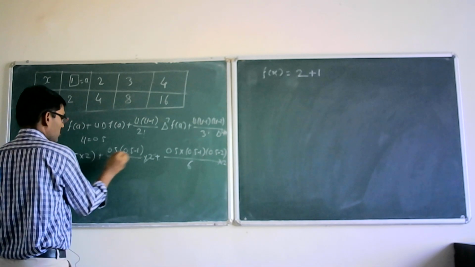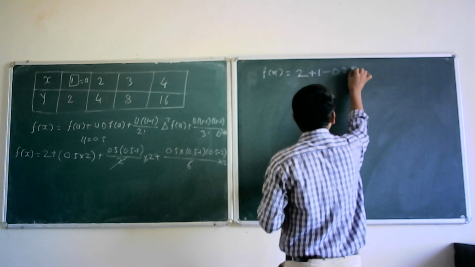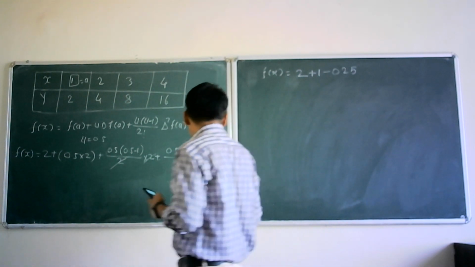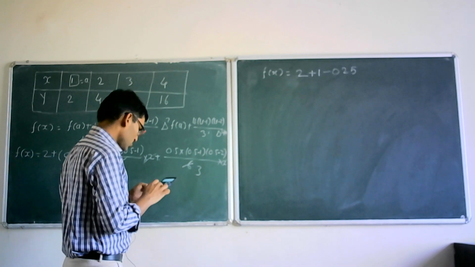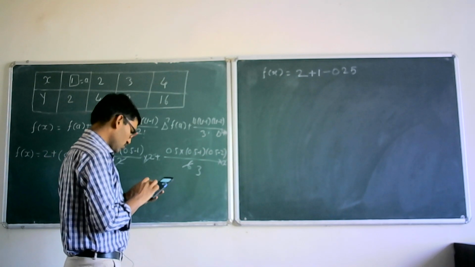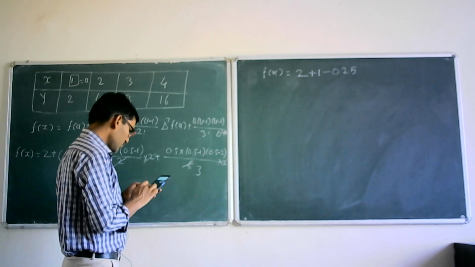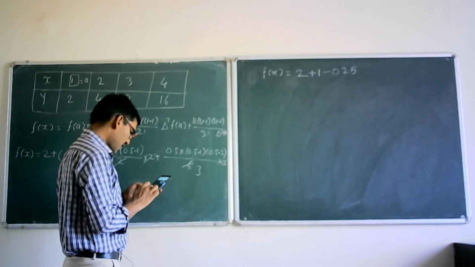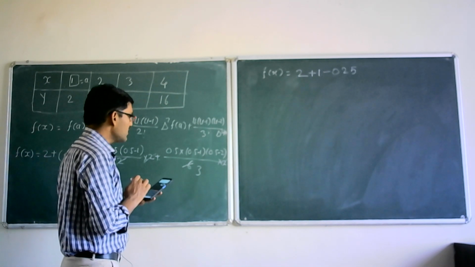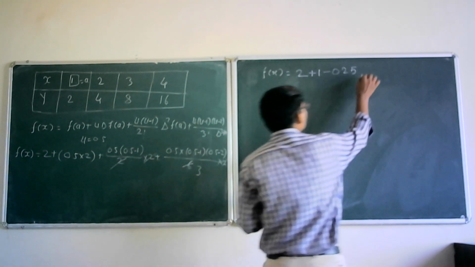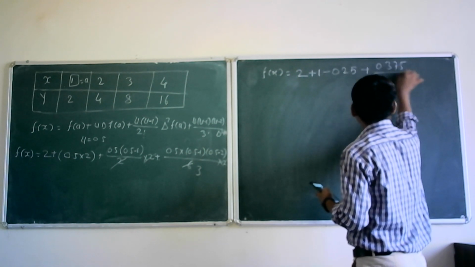Because of this minus sign, it is minus 0.25. Then 2 divided by 6 gives 3. So 0.5 into 0.5 minus 1 into 0.5 minus 2 is equal to 0.375, plus 0.375 divided by 3.